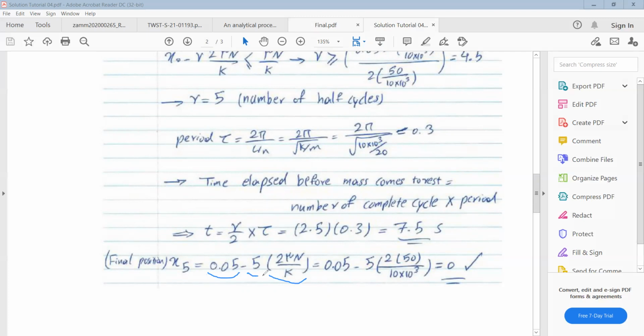So by calculating the final amplitude in the last half cycle, you can see that it will be 0. It means that the mass will be located on the equilibrium position when x is equal to 0. Okay, you can see these are very simple examples for the Coulomb damping motion. Is it clear? Any question?